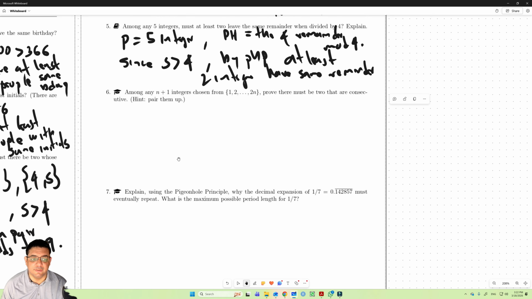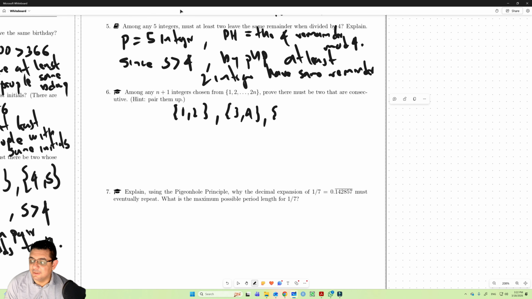So question 6. Among any n plus 1 integers from 1 to 2n, prove that there must be 2 that are consecutive. Pretty much, consecutive integers will be the pairs 1, 2, and then we can go with 3, 4, or 5, 6, so on and so forth until we get to 2n minus 1, 2n.